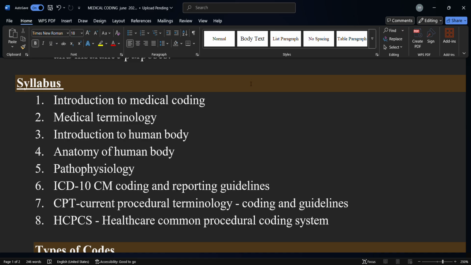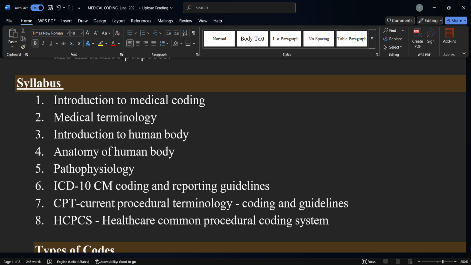And HCPCS, Healthcare Common Procedural Coding System, contains some equipment and injection names, like wheelchair, ambulance service, etc. So the codes related to equipment are included in HCPCS, procedure codes are included in CPT, and diagnosis or disease codes are included in ICD-10-CM. Clear?